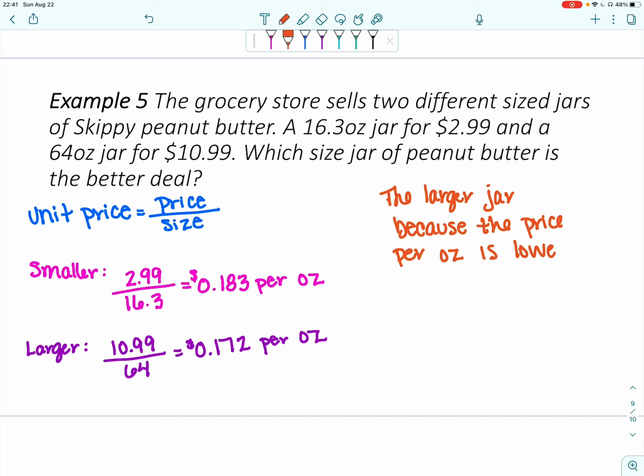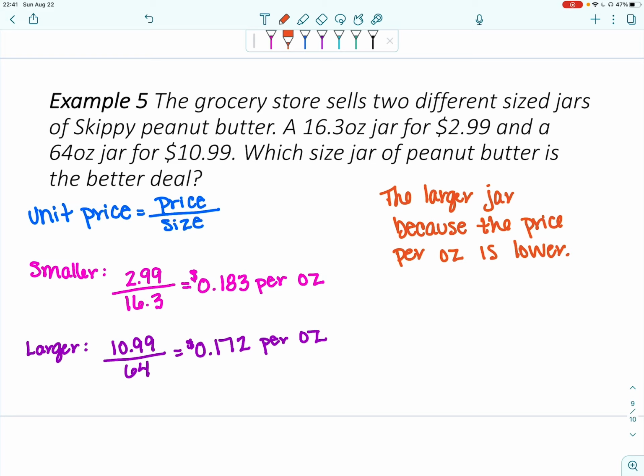And you may be thinking, well, duh, it's always better to buy the larger size. That is not the case, especially at a particular blue retailer, I'll just say it, at Walmart. Walmart likes to play this game where the larger items are not the better unit price.